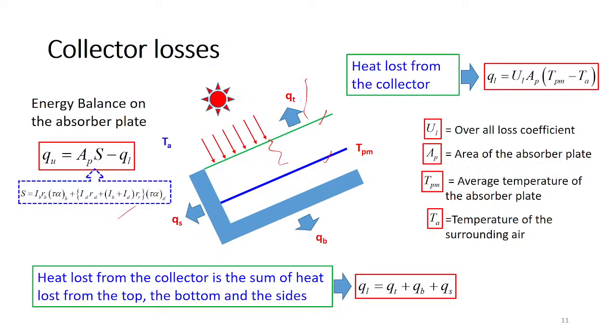And this QL, which is nothing but heat loss from the collector, can be expressed in terms of overall loss coefficient. QL is UL multiplied by AP multiplied by the temperature difference of TPM to the ambient. This QL can also be expressed by summing all the losses, like top loss, bottom loss and side loss, and these losses can also be expressed in terms of loss coefficients.